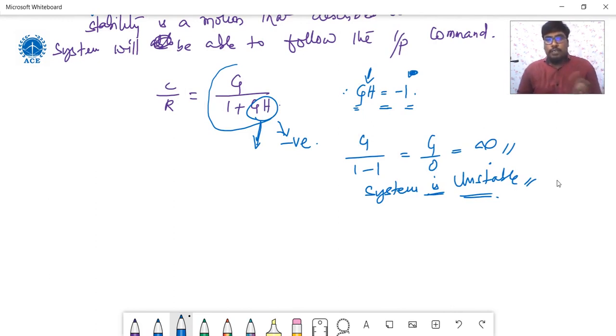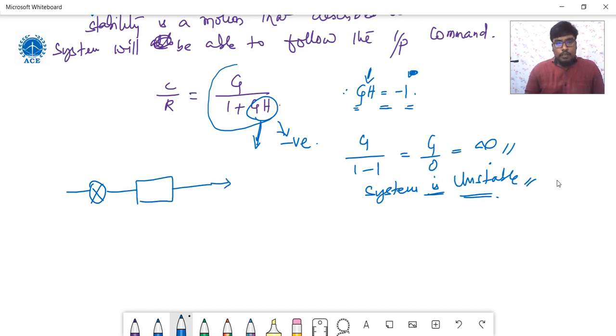So therefore how to make stability with an unstable system, right? So see here, suppose this is our system, for example, this is output and this will be the input, and we have our feedback H, this is G. So I consider here negative feedback, right?